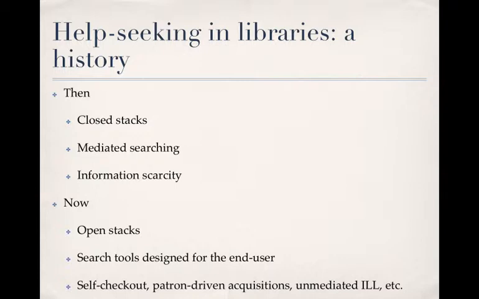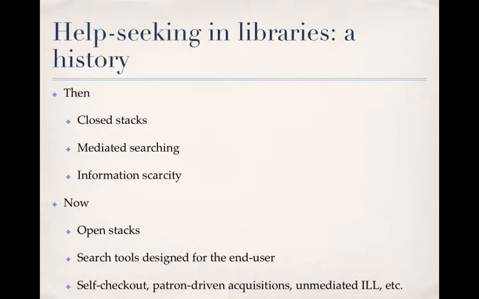So I wanted to start by talking about why we even need point of need help content. When we look at the reference model that we have had for decades, we can see that it was based on a way of information seeking that doesn't really exist anymore.